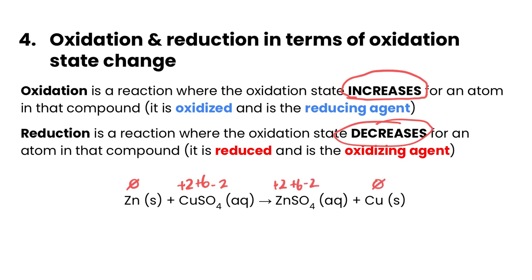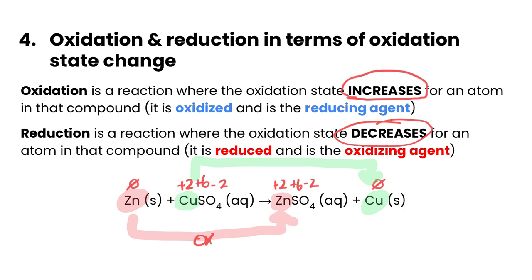So if we took a look at zinc, zinc goes from 0 to a +2 oxidation state. So we would say that that is increasing, which means that is our oxidation. If we look instead at our copper, it goes from +2 to 0.